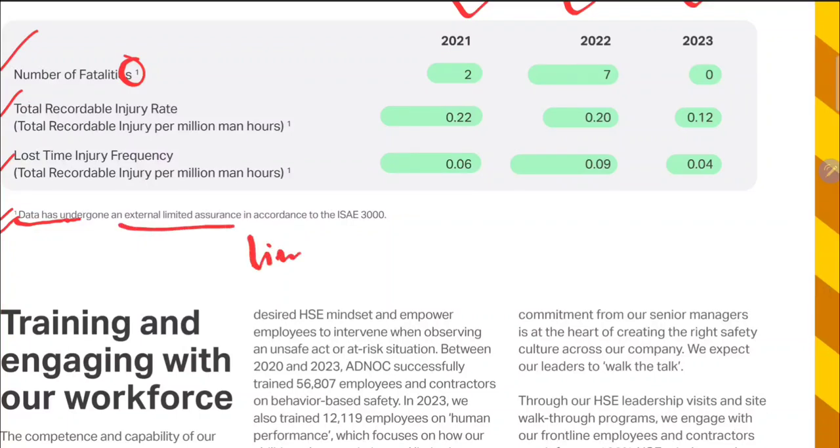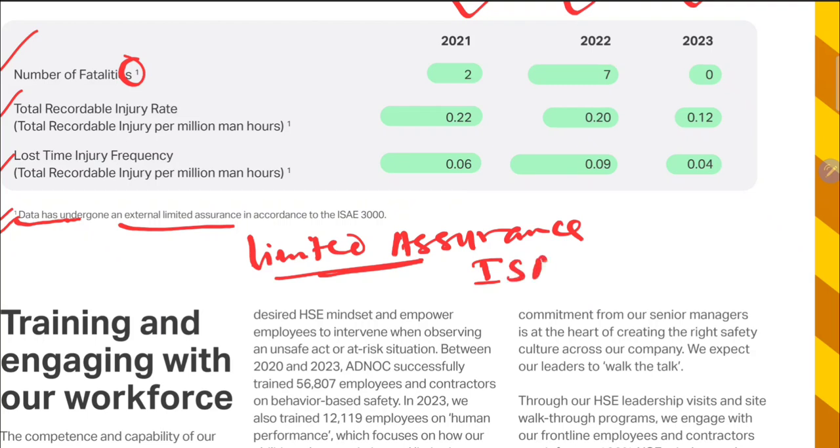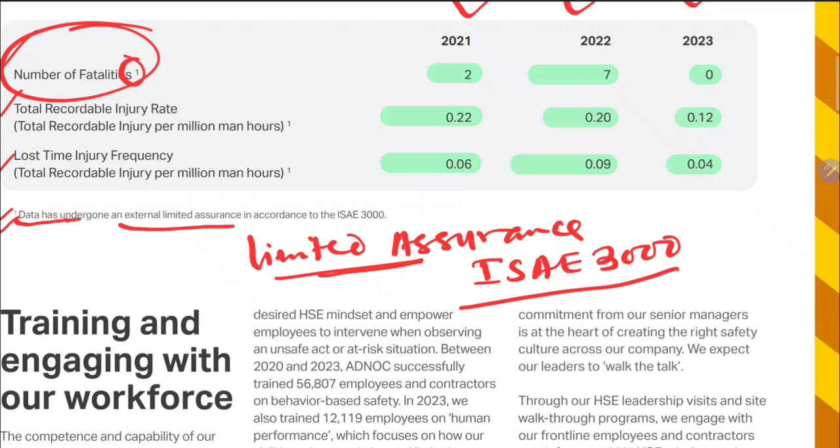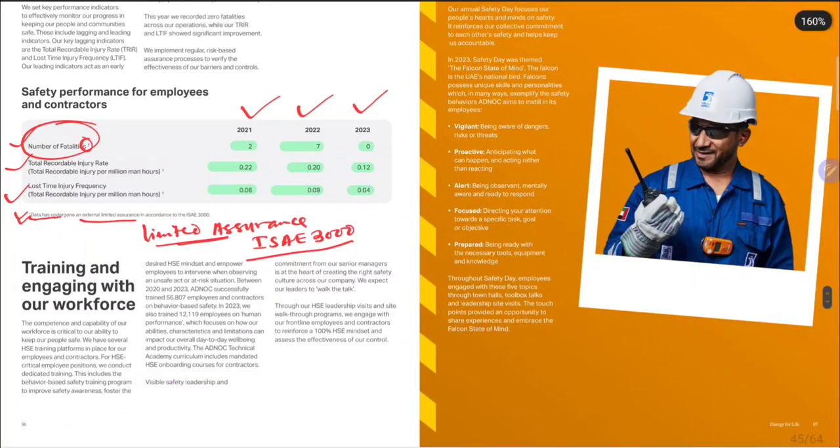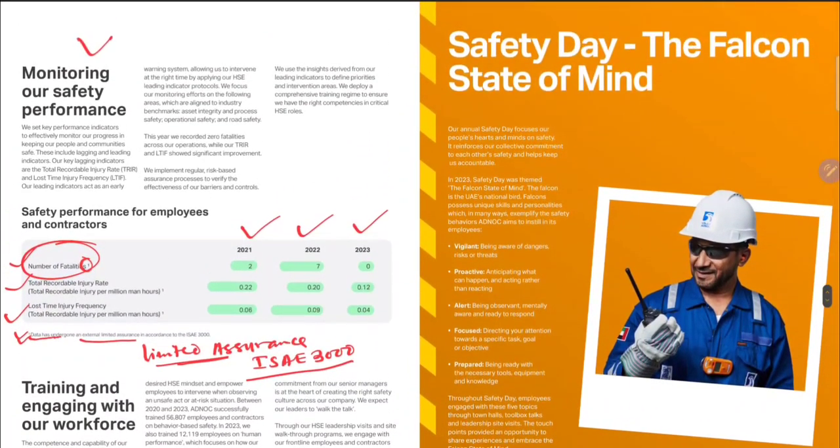The limited assurance has been conducted for this particular data. This information is provided against the ISAE 3000 standard, the limited assurance conducted for number of fatalities and materiality topic metrics.